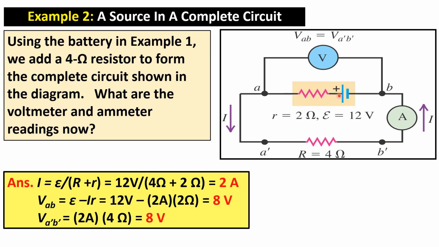The conventional flow of current is always from the positive terminal of a battery, passing through the external loads, and then back to the negative terminal of the battery.